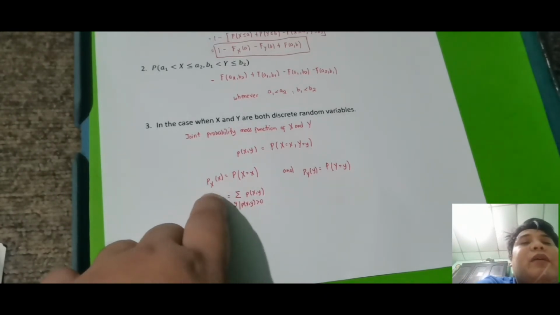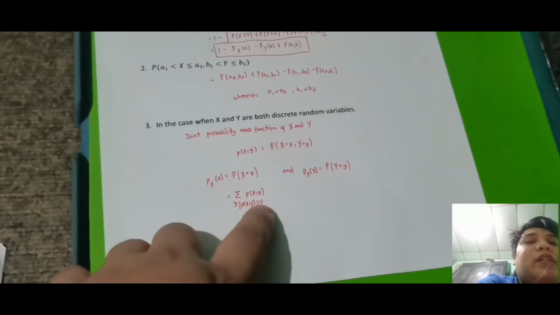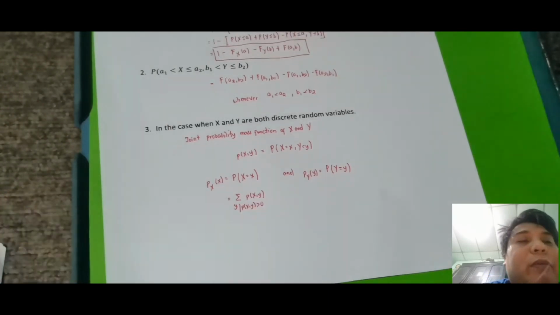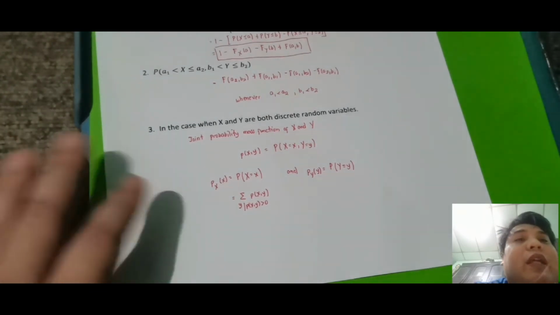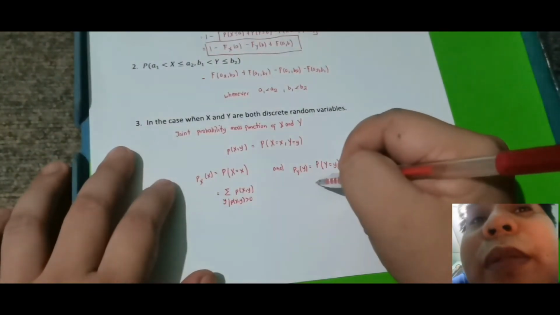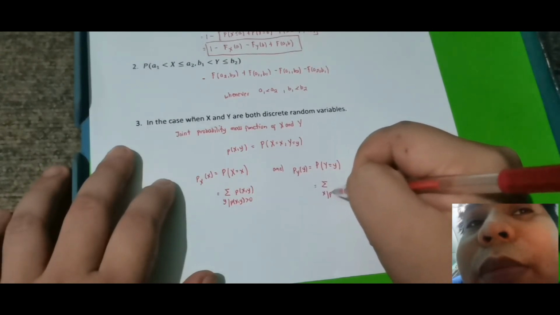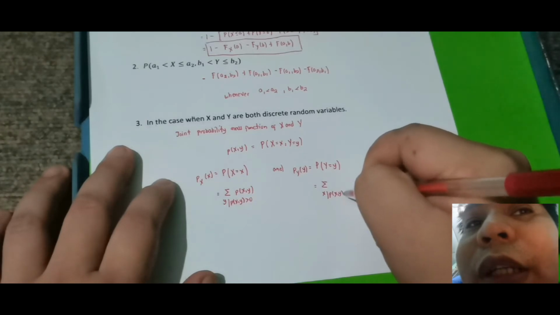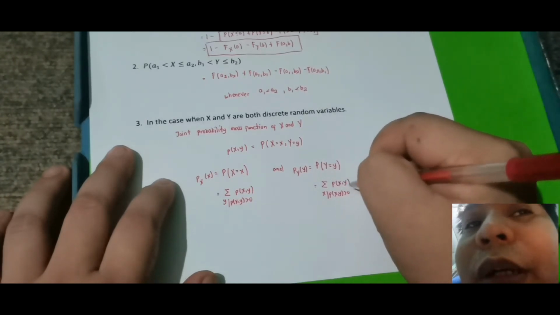So kung probability of x, kukunin ko is yung y na kung saan yung probability ng x comma y is greater than 0 pag probability mass function of X. So syempre dito naman, this is just the summation over x such that the probability ng x comma y is greater than 0, ng probability ng x comma y.